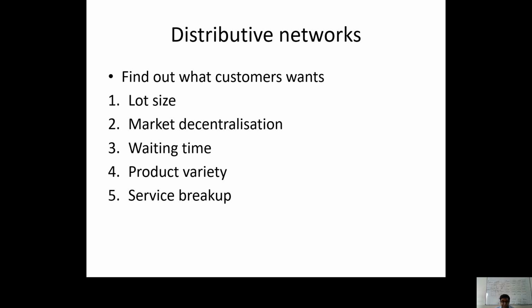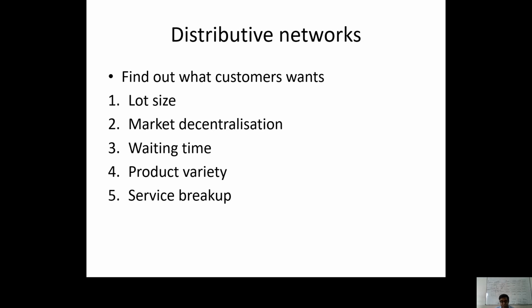Then we have product variety. What kind of product are you offering? Is it perishable, a consumer good, an industry good, a luxury item, or a very common general item? Your product may have lots of attributes: quantity-wise, quality-wise, size-wise, and uses. So how many varieties do you offer, and what kind of varieties can you provide?